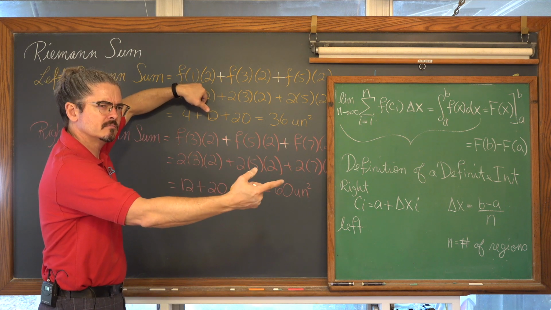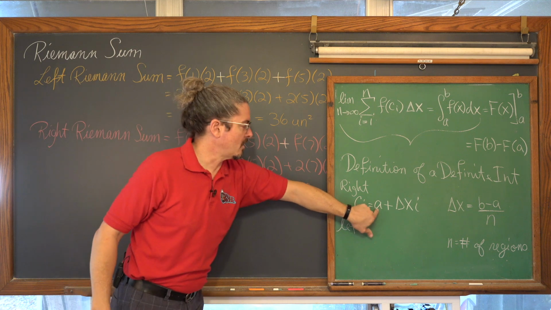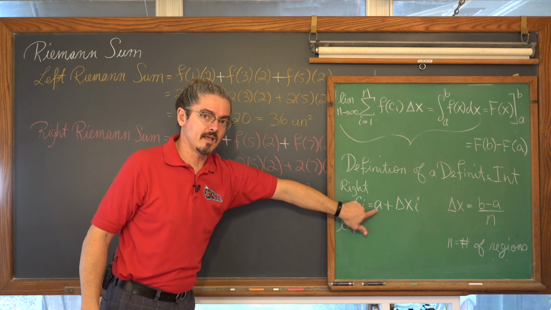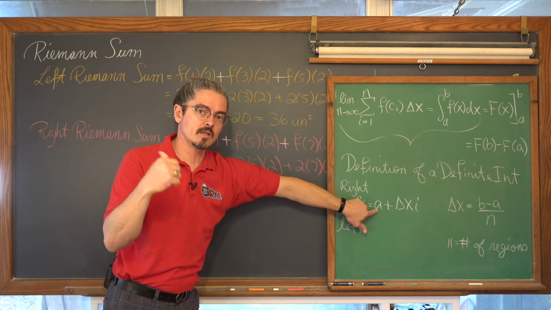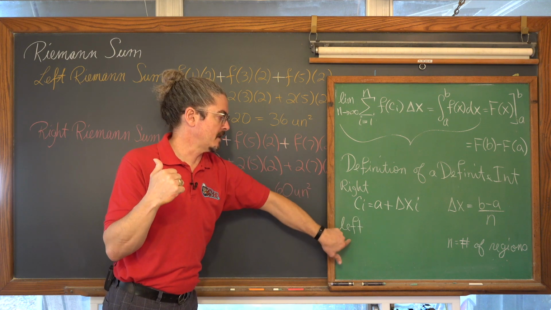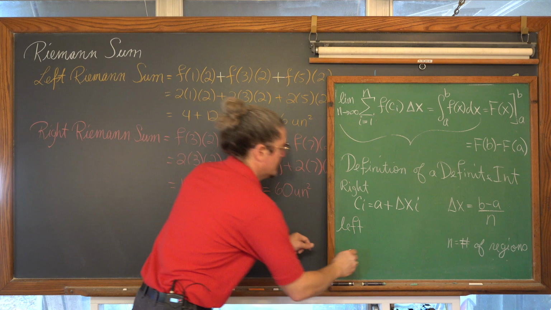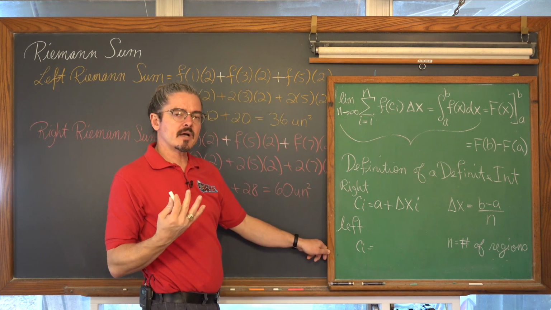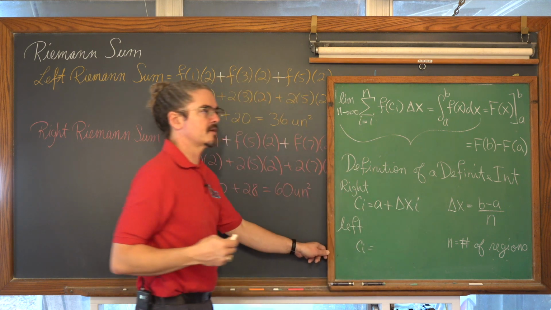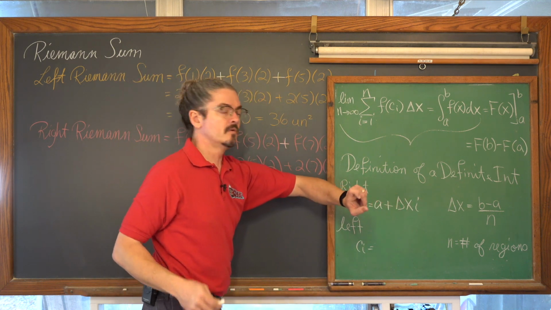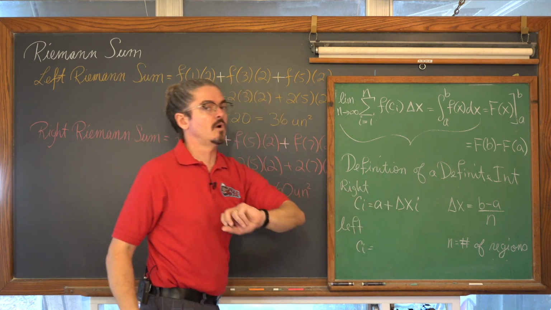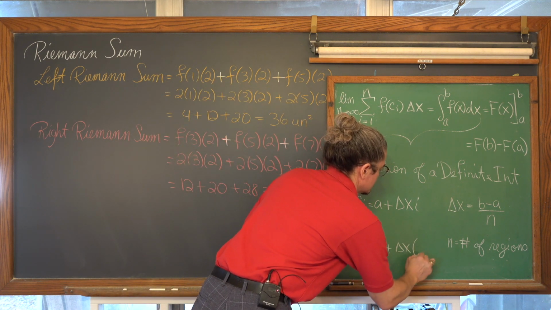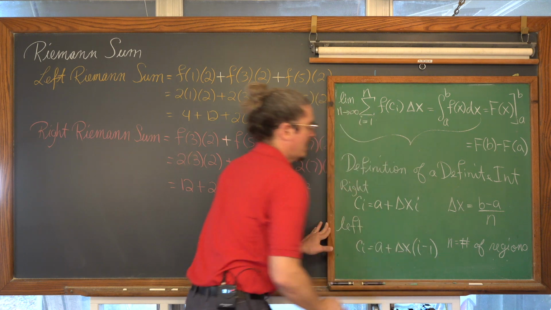We didn't move at all horizontally off of a, or in this case, our lower limit was 1, with a left Riemann sum. So c sub i, for a left Riemann sum, has to have some kind of addition to this expression that says, don't move that first step when i is 1. So it's a plus delta x times i minus 1.